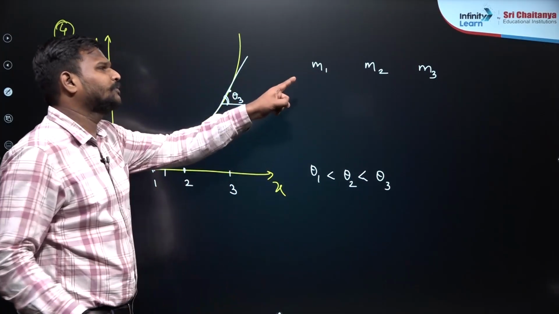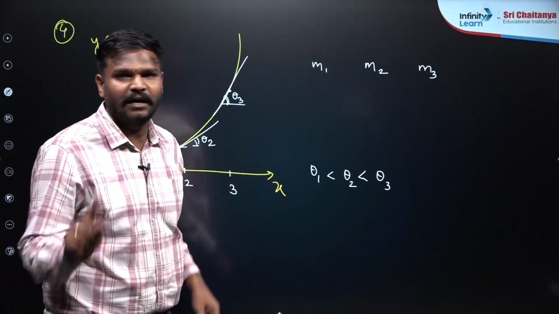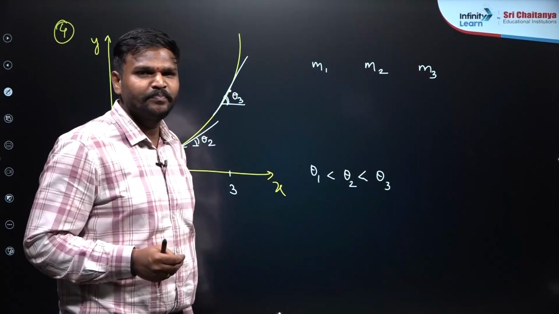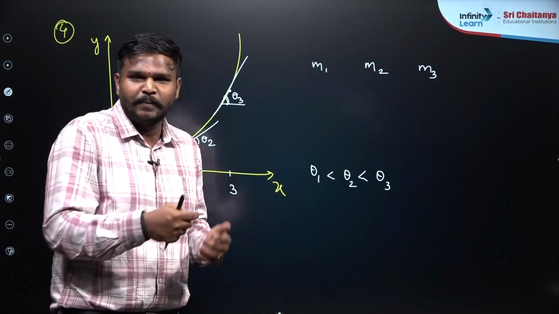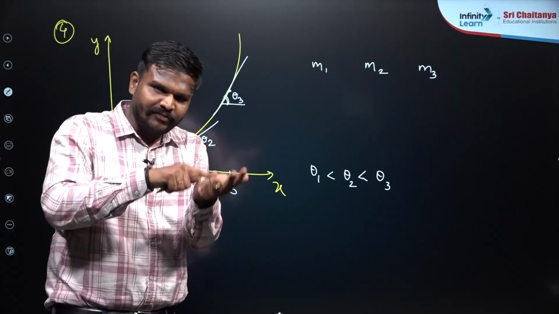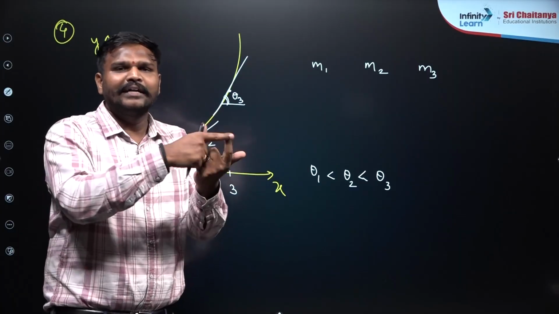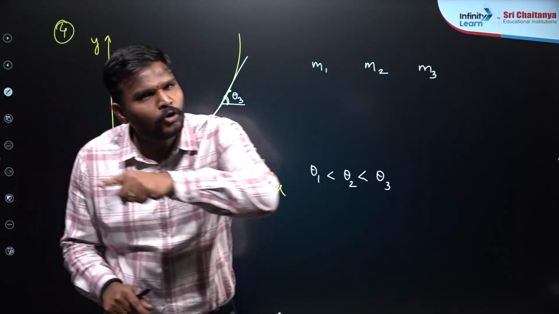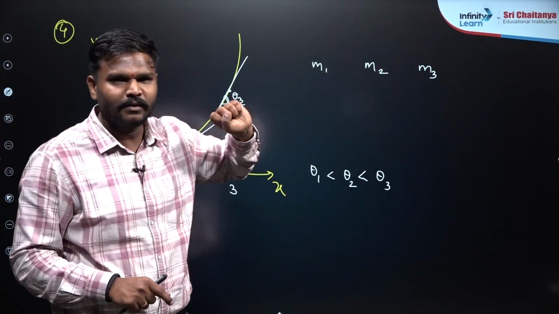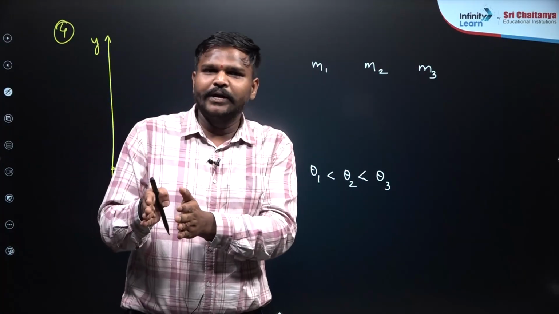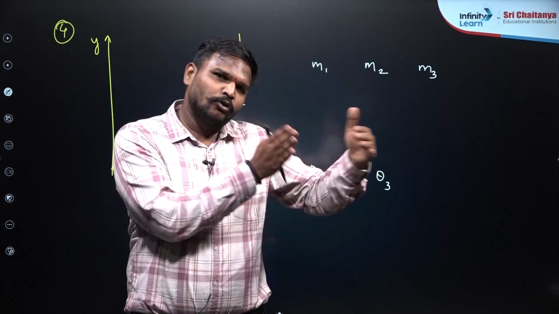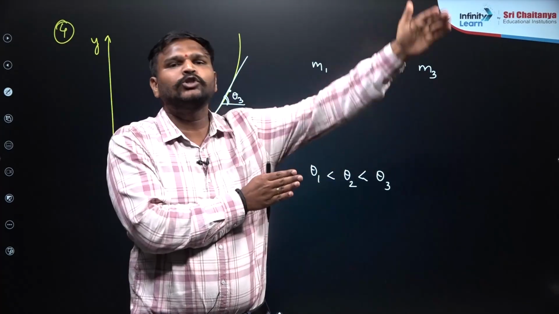And what is slope, sir? Slope is nothing but tan theta, not theta, tan theta. And as the angle increases, tan is an increasing function. Tan 0 is 0, tan 30 is 1 by root 3, tan 45 is 1, tan 60 is root 3. It slowly increases. Correct? Tan 60 is root 3. So 0, 1 by root 3, then 1, then root 3 is 1.7 and so on.